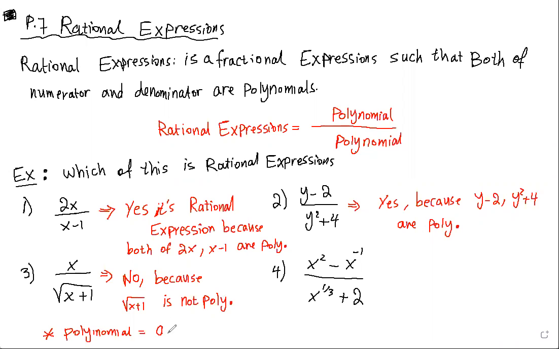Anything that looks like a_n x to the power n plus a_(n-1) x to the power n minus 1 plus ... plus a_1 x plus a_0, such that a_n, a_(n-1), a_1, a_0 are all real numbers, and n must be a natural number or 0. The denominator here does not look like a polynomial.